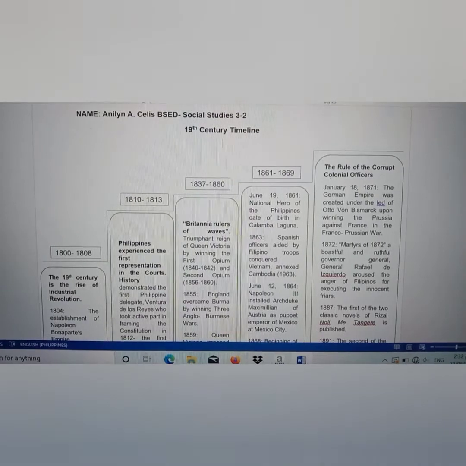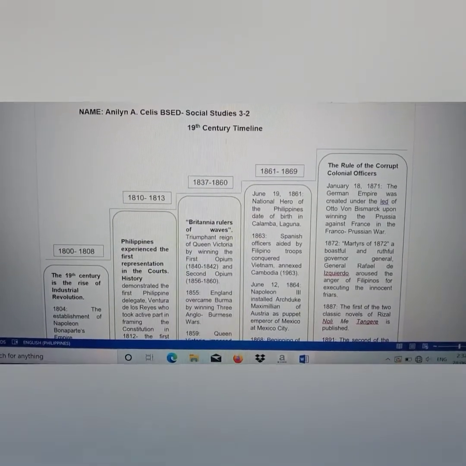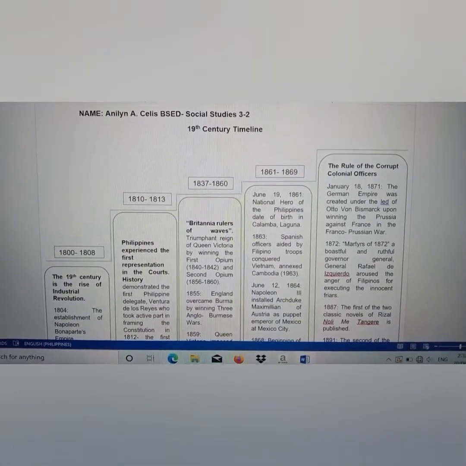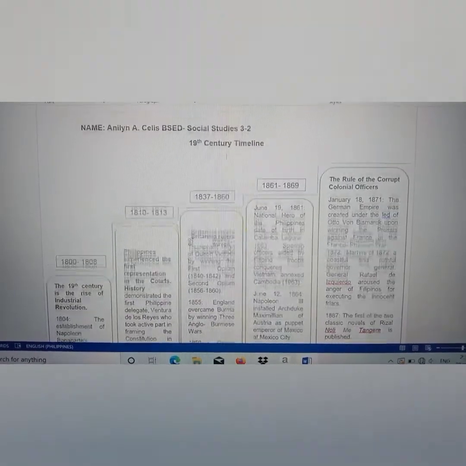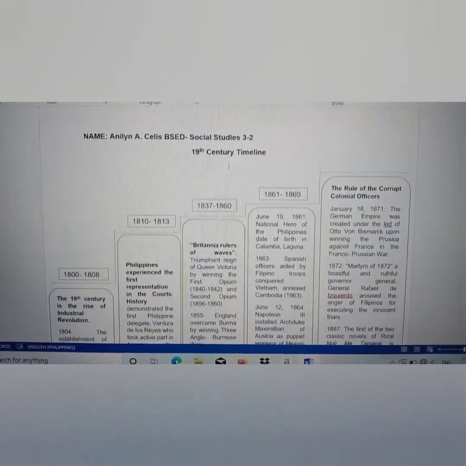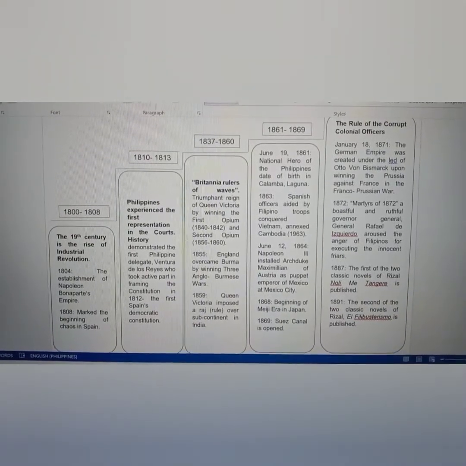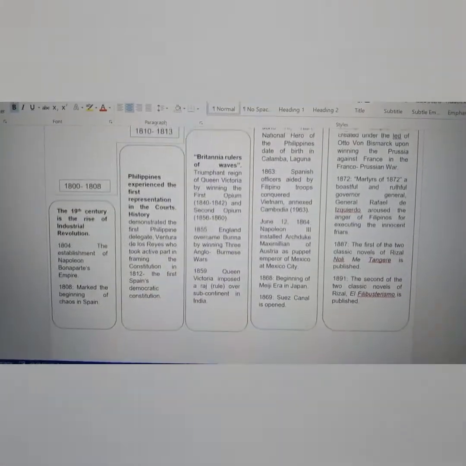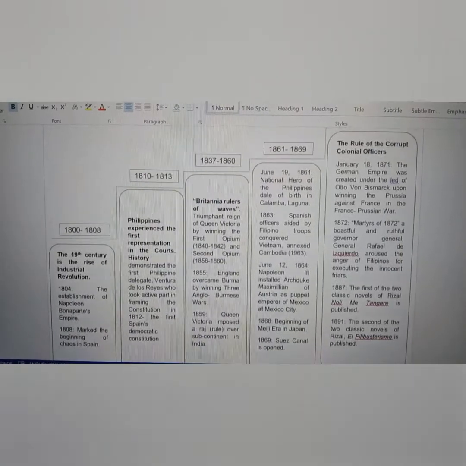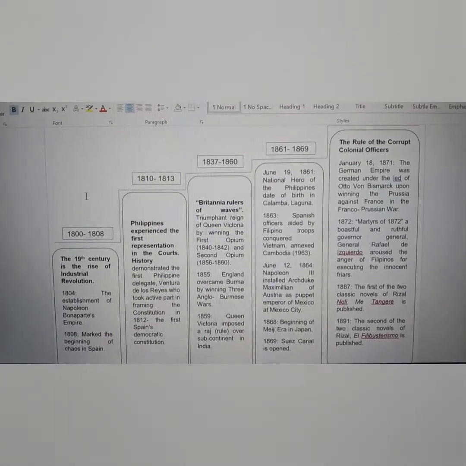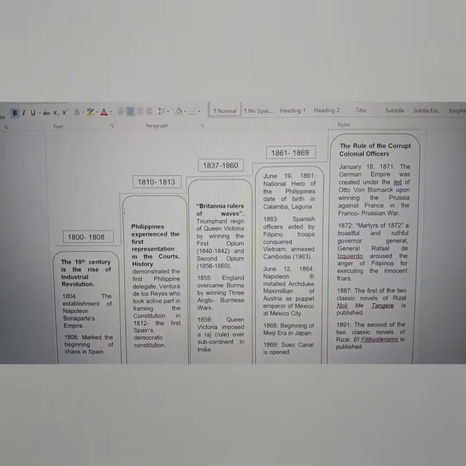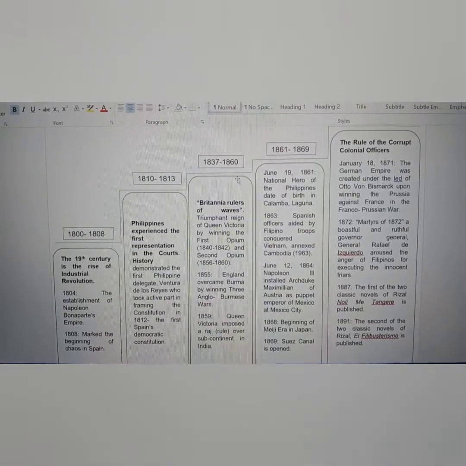Okay, so this is the work of Miss Celis. This is the work of Annelyn. She also passed a simple work. Okay, so 1800 to 1808, 1810 to 1813.